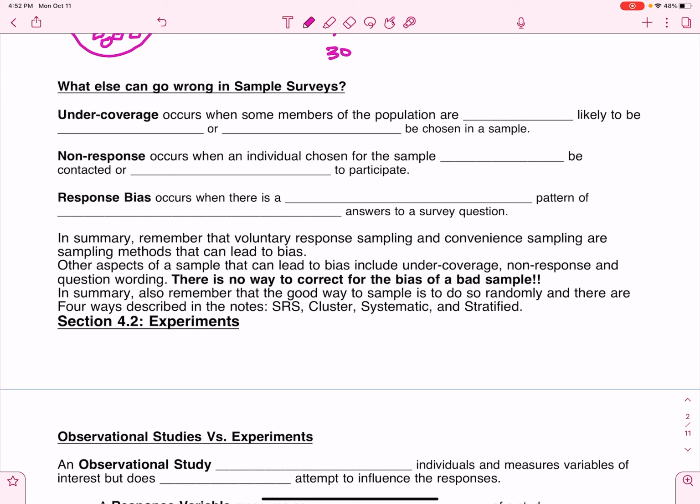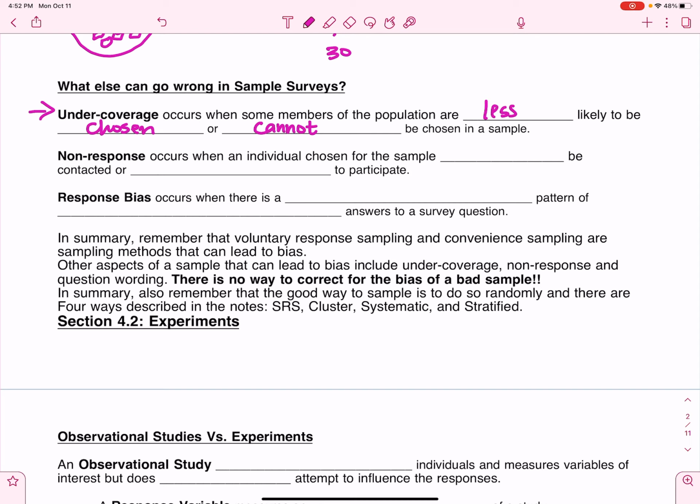So the first thing we're going to talk about is undercoverage. This is going to occur when you have some members of the population that are less likely to be chosen or cannot be chosen in a sample.